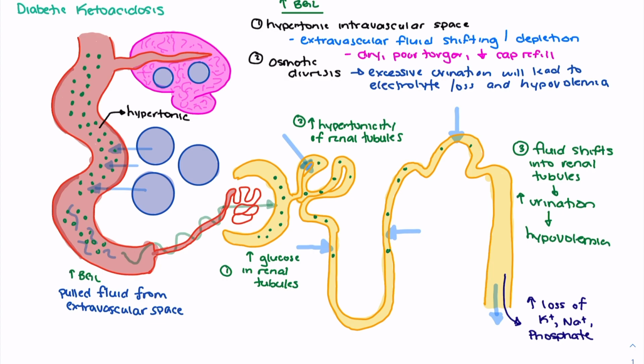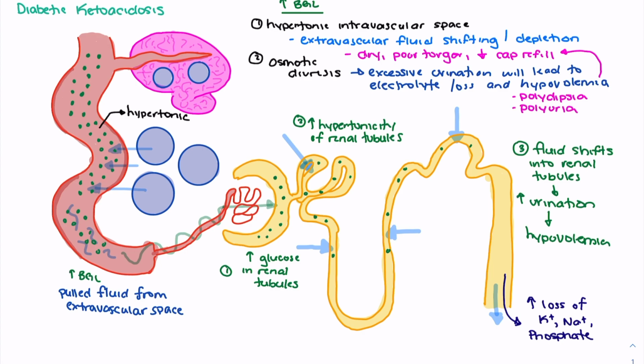We think about the signs and symptoms associated with this. Again, this hypovolemia will relate to the symptoms we've talked about here: dry mouth, poor skin turgor, delayed capillary refill. These two things together will lead to polydipsia, or increased drinking. So we see these patients who are often drinking a lot of fluids, and polyuria. The patient is urinating a lot.